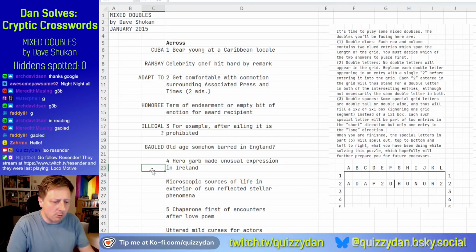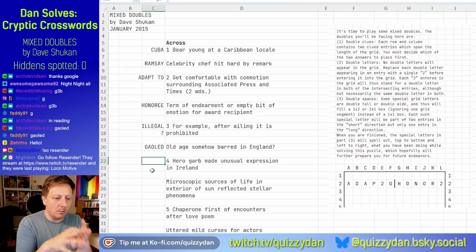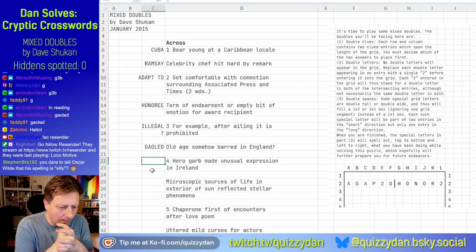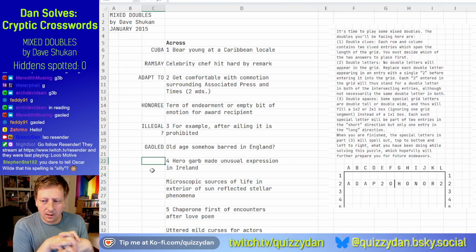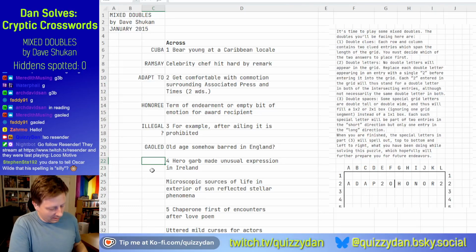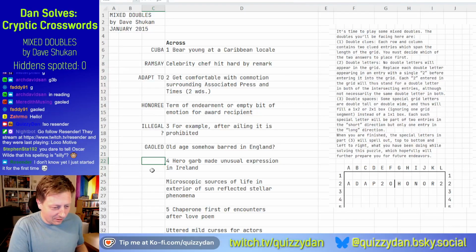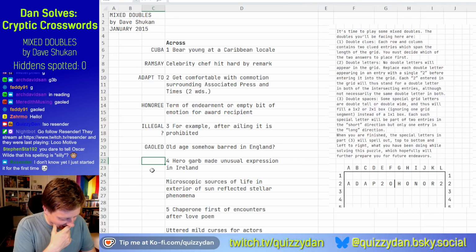Hope you're okay. Hero garb made unusual expression in Ireland. Anagram of hero garb, and we're going to get an expression in Ireland. No comment, Stephen, after talking about that before the crossword started. Hero garb, anagram of that for an expression in Ireland. It's only one word.